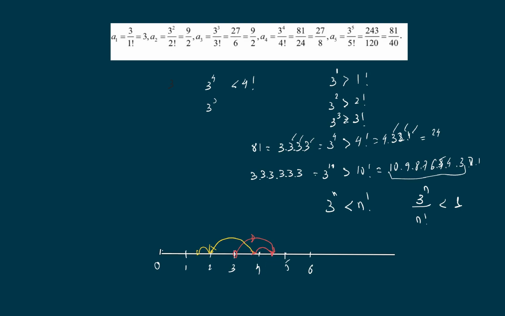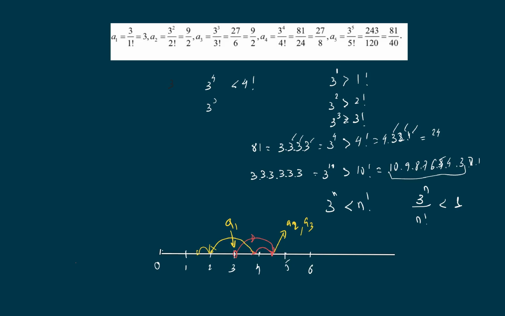So a1 is here, a2 is here, and a3 is also here. a2 equals a3.